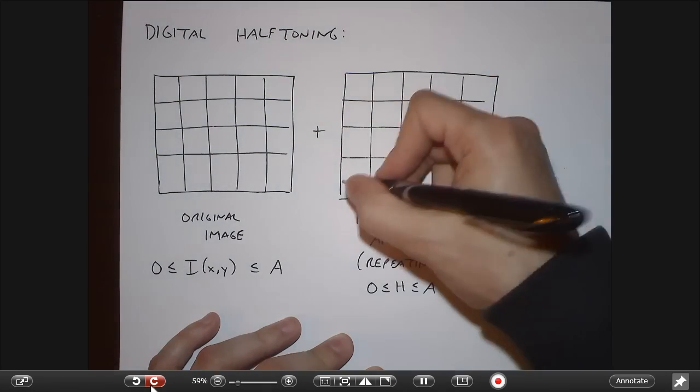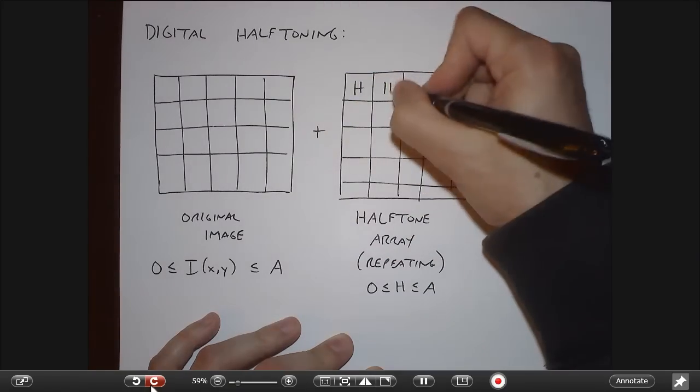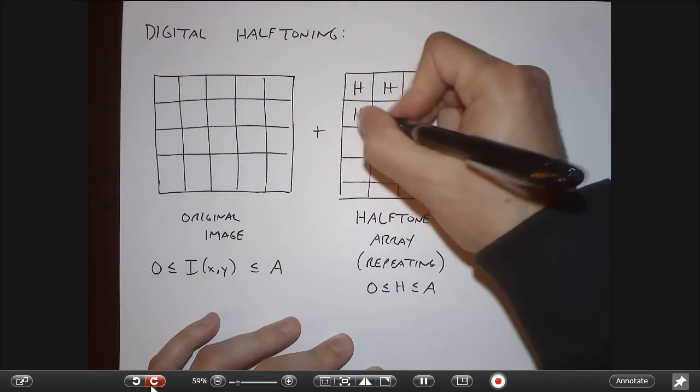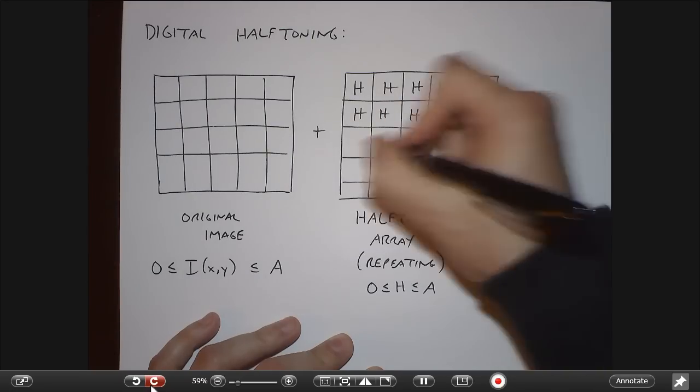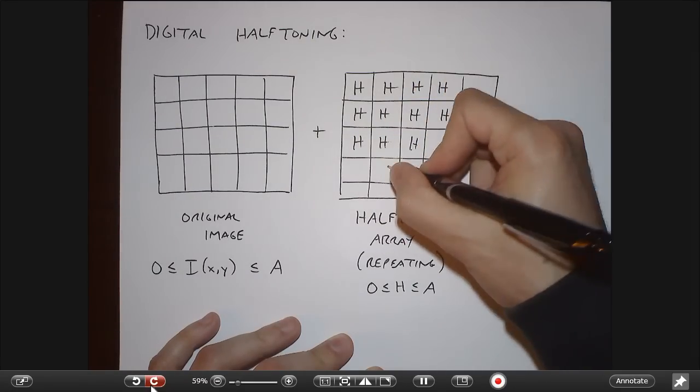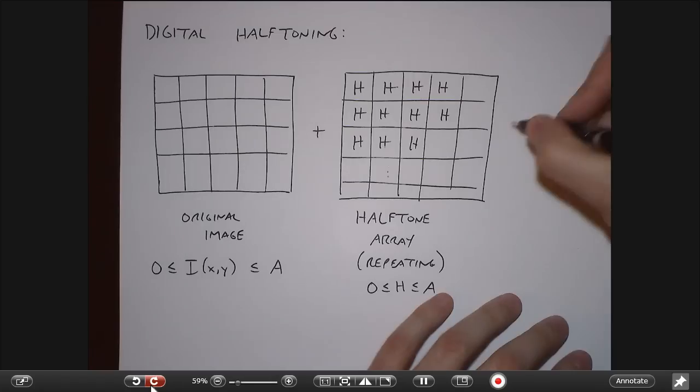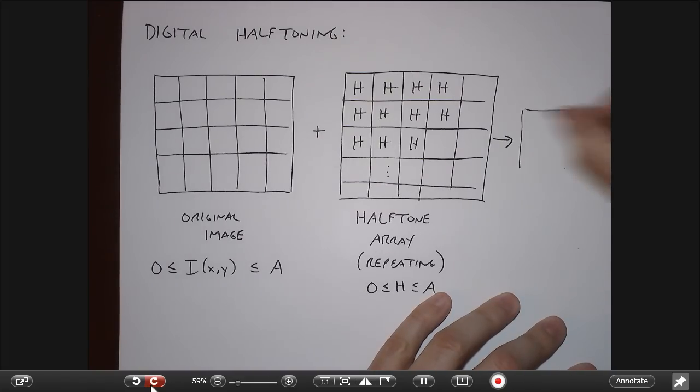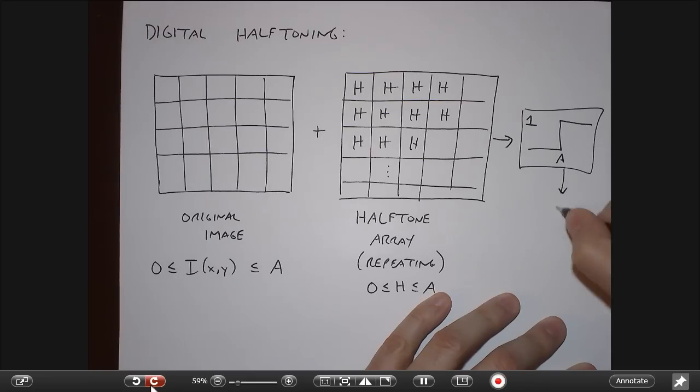So this image is made up of the same block tiled over and over again, and so on. Then I put this through a 1-bit quantizer that basically says return 1 if the result is above A and 0 otherwise. And that produces my binary image.